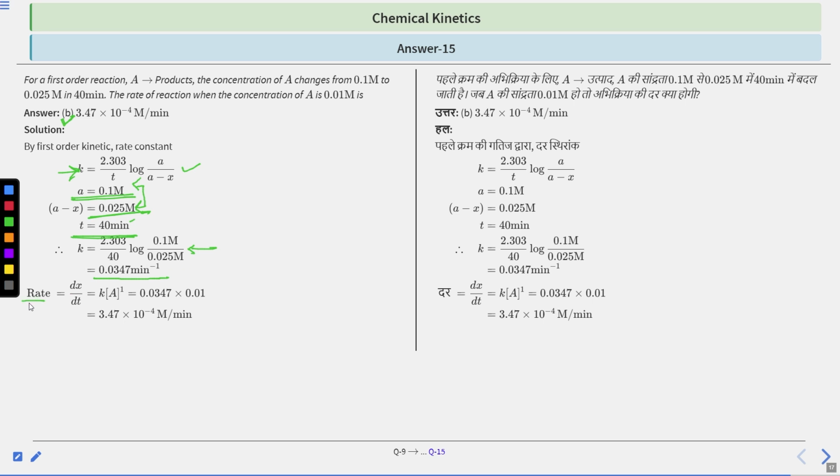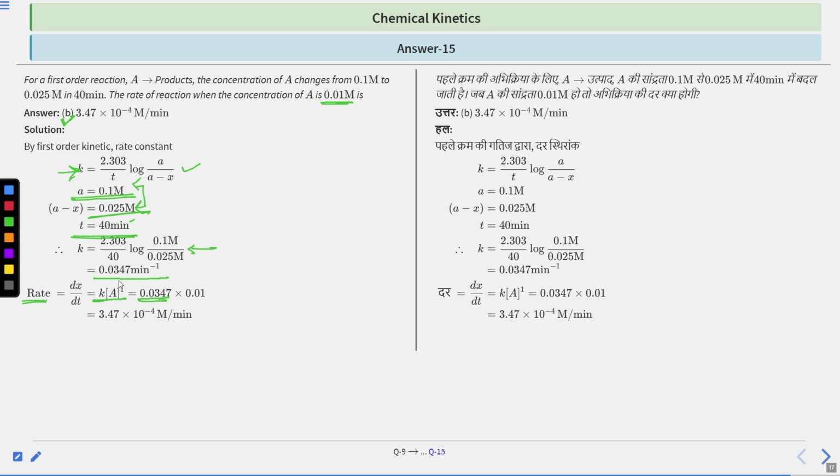Now rate is also equal to dx by dt, right? And for the first order, it will be equal to K times the concentration of A, right? So K we have just found out. So let's put in 0.0347, and we are given that when the concentration of A is 0.01 molar, the rate of reaction will be.